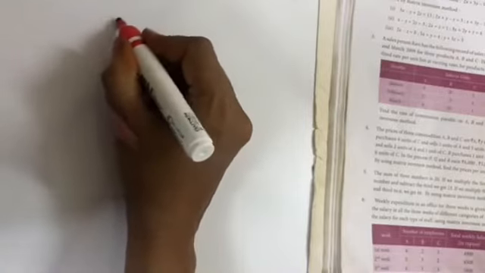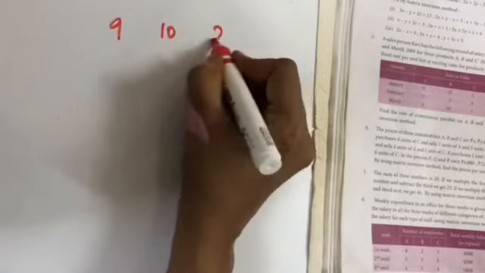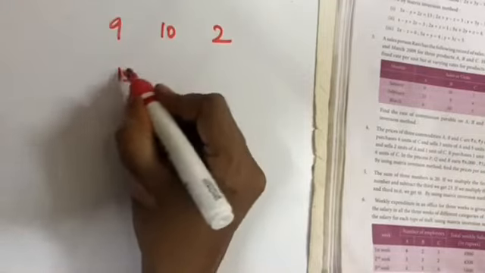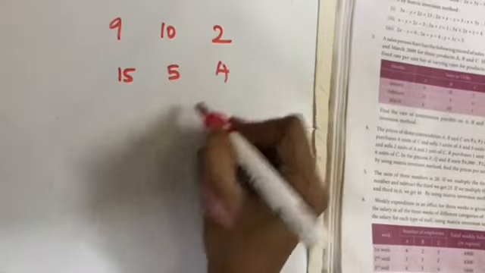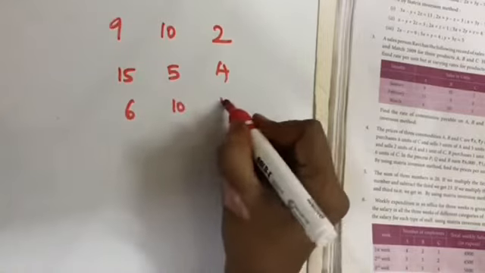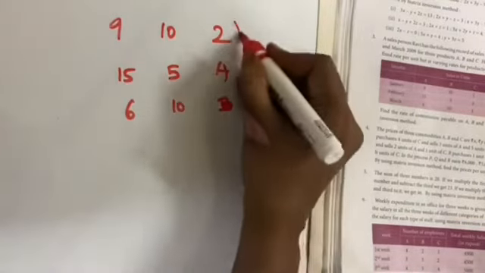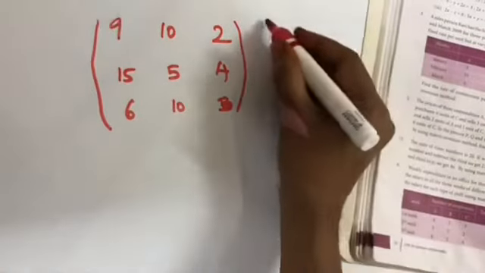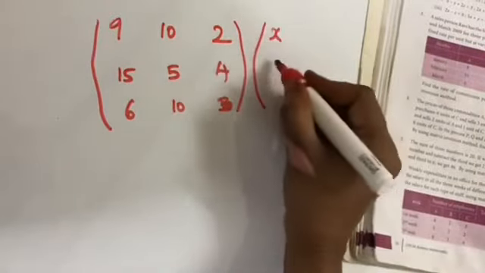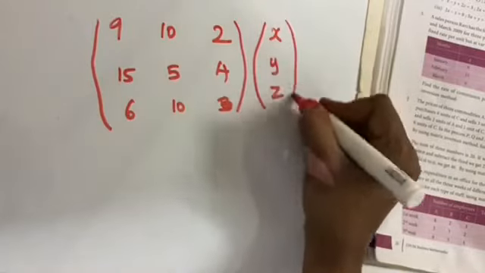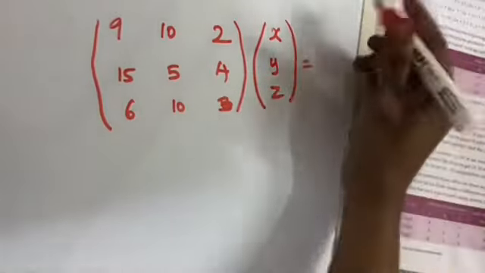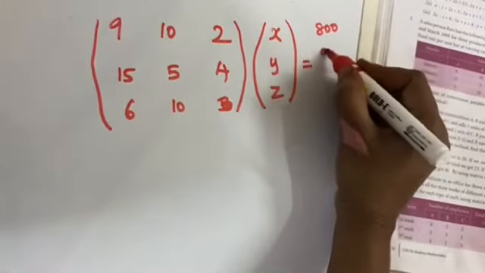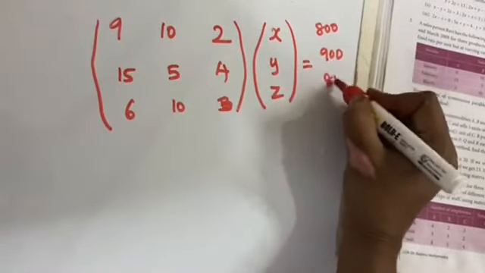Okay, so matrix A is 9, 10, 2, 15, 5, 4, 6, 10, 5, 10, 3. These are the matrix A, and the variables X, Y and Z are equal to 800, 900 and 850.